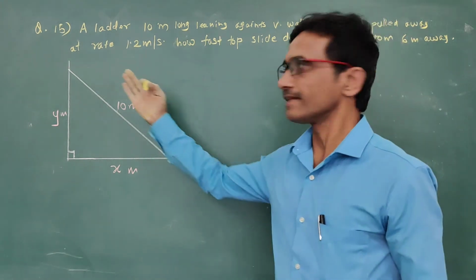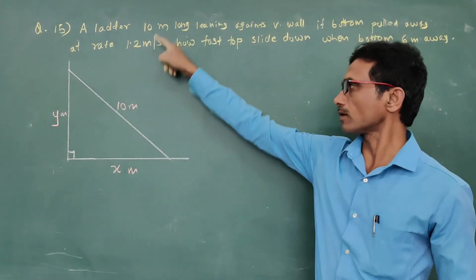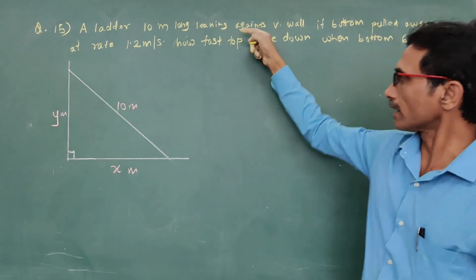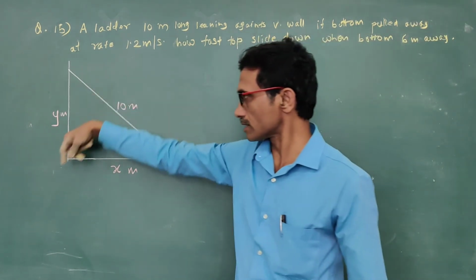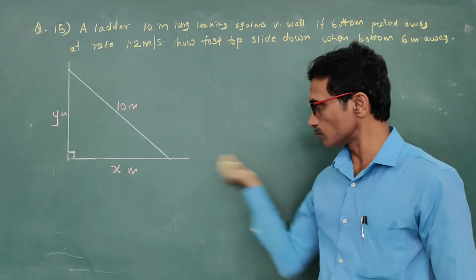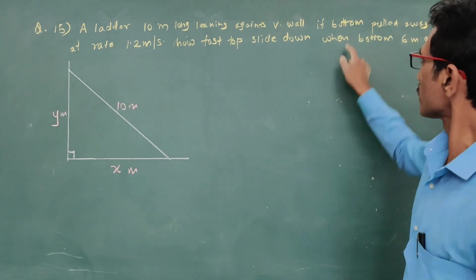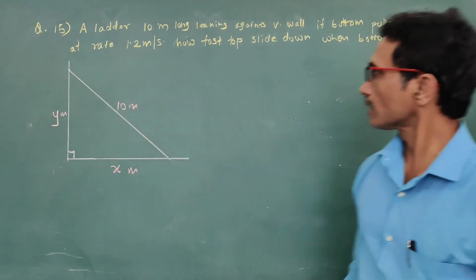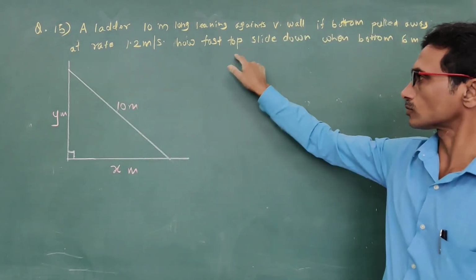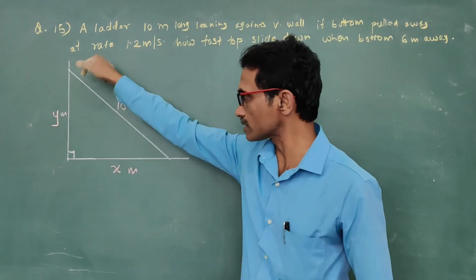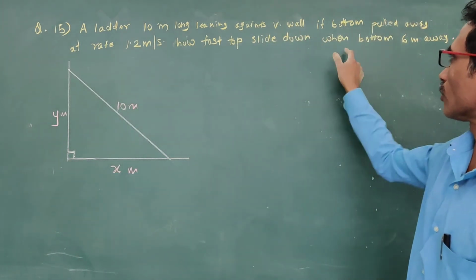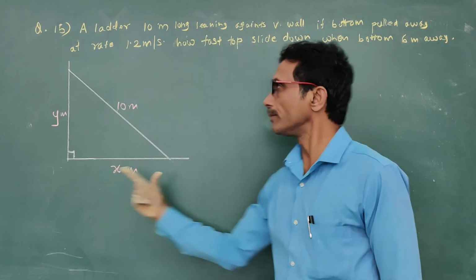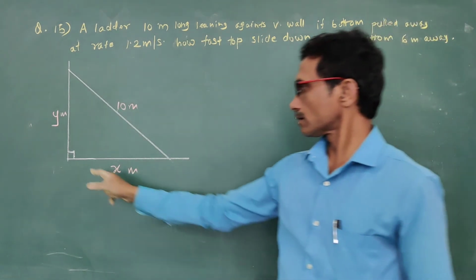Question number 15. A ladder 10 meter long is leaning against a vertical wall. The bottom is pulled away at the rate of 1.2 meter per second, and what is asked is how fast the top will be sliding down when the bottom is 6 meter away from the wall.